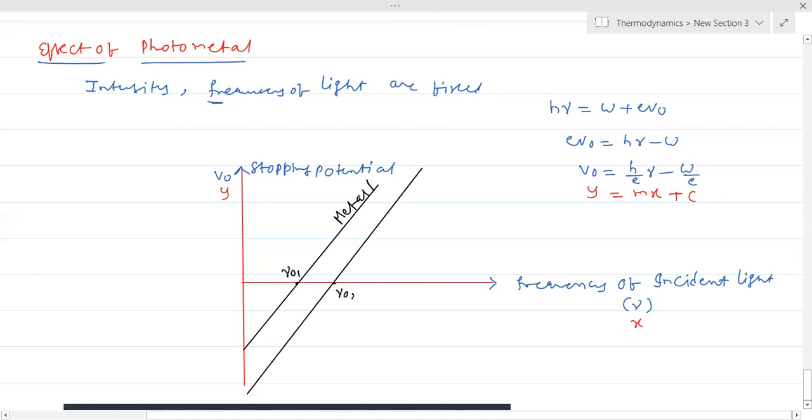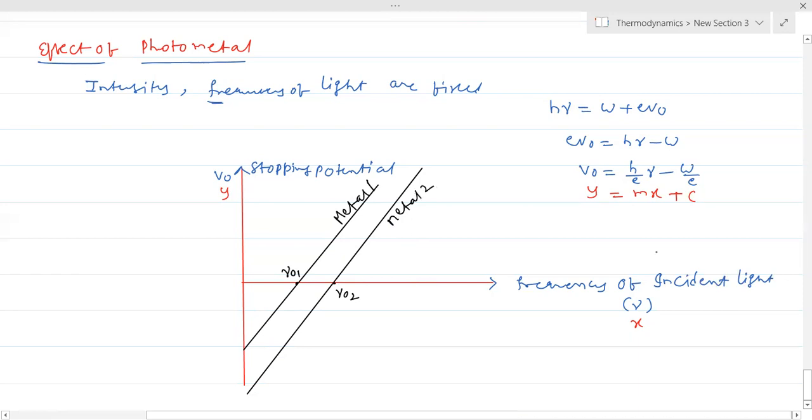This is nu02 and this is the case for metal 2. Just by observing the graph, we will find out. So here you can see the negative intercepts on the y-axis.